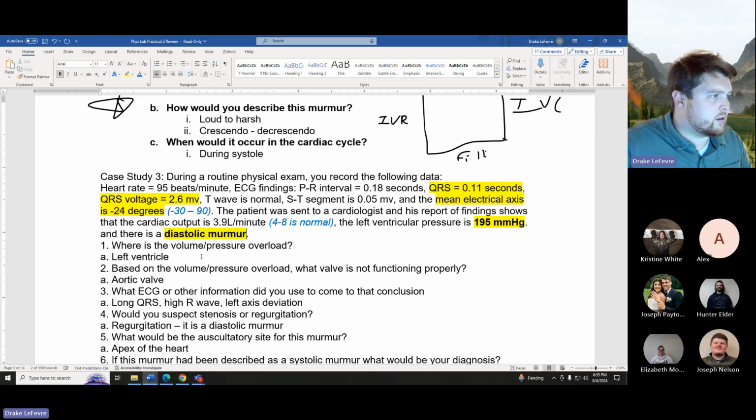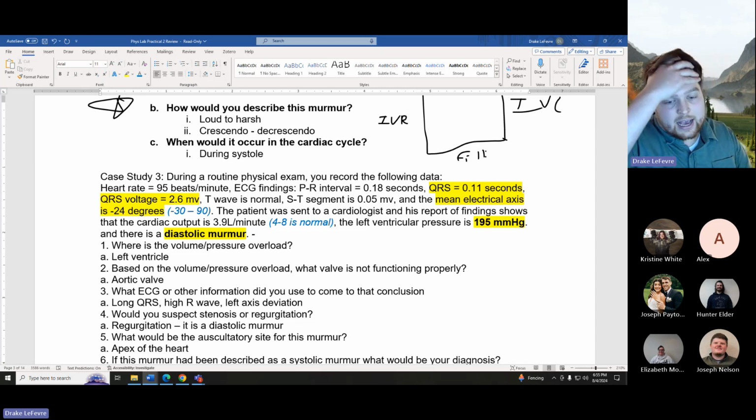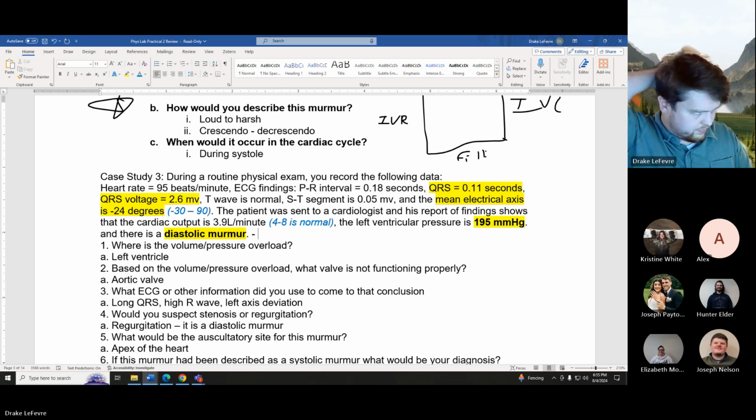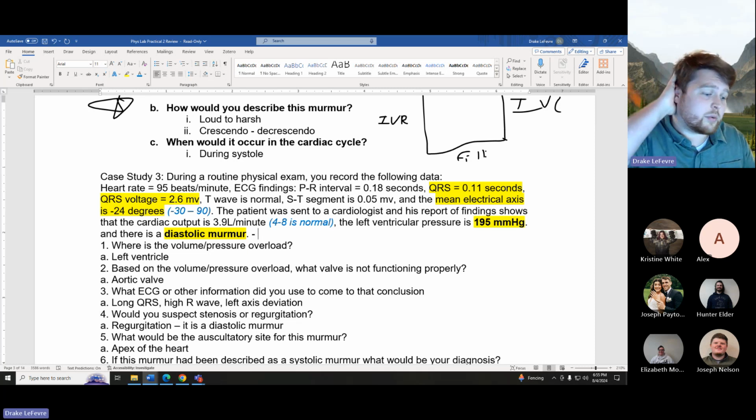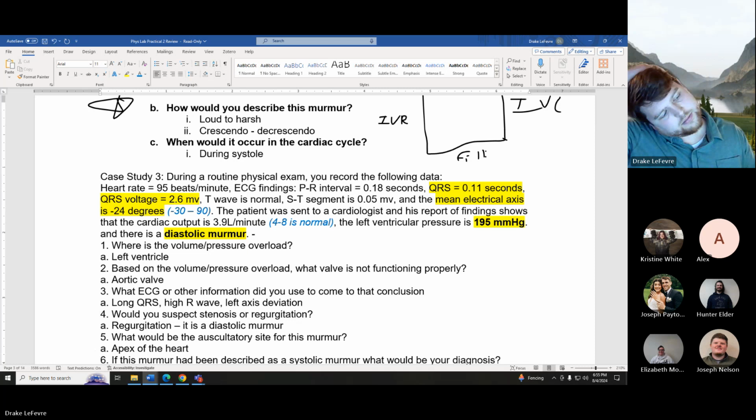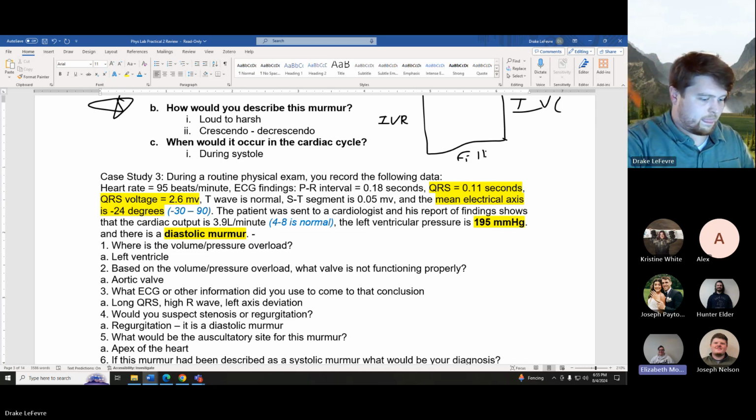Diastolic murmur. What murmurs can be heard during diastole? Where would we have regurgitation? Where would we have stenosis? Mitral stenosis, aortic regurgitation.